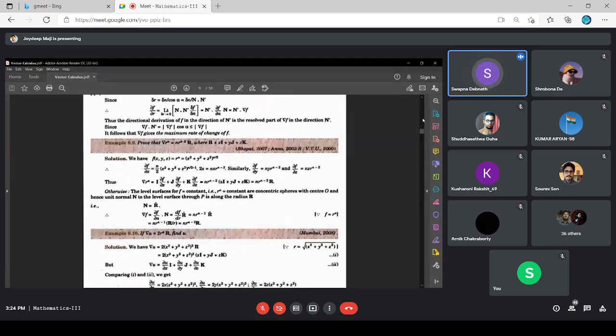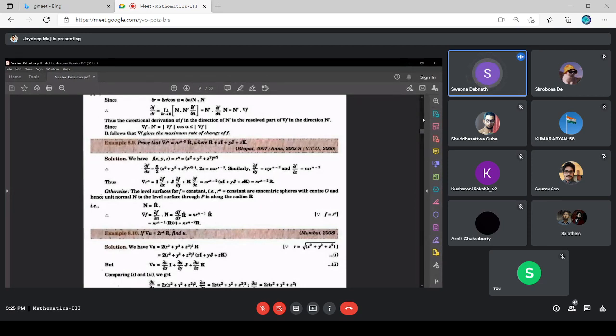Therefore r^n will be (x squared plus y squared plus z squared) to the power n by 2. Then you have to calculate grad of u. They have done that. Del r^n is equal to this, and have substituted ix plus jy plus kz as capital R, the position vector.